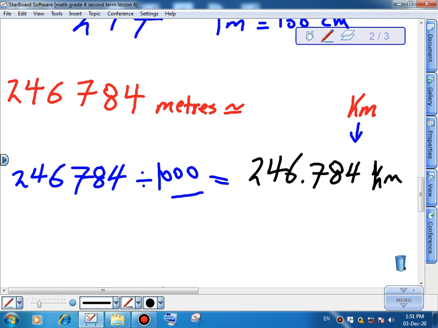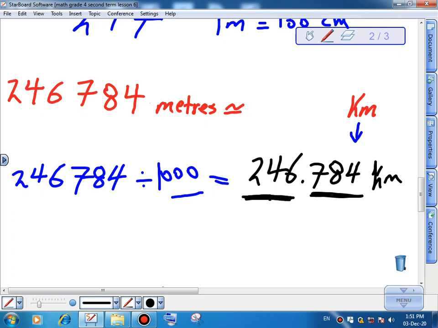Look at the whole part and the decimal part. Do I only need the decimal? No, I need to cancel the decimal. I only need the whole part. I don't need the other digits. Make the number simple. Approximating to the nearest kilometer is the same way.